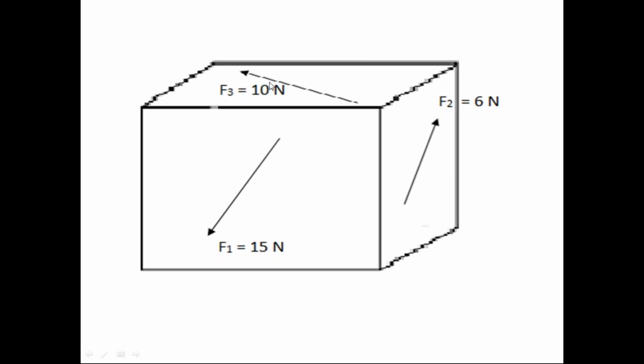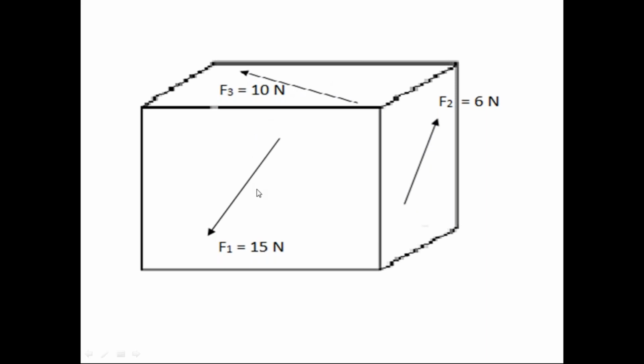Since we have 3 forces, these 3 forces are called a force system. But look at these 3 forces. The lines of action of the 3 forces lie on different planes, not on the same plane. F1's line of action is in one plane, F2's line of action is in another plane, F3's line of action is in another plane.